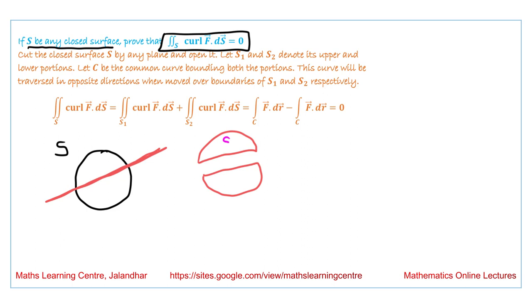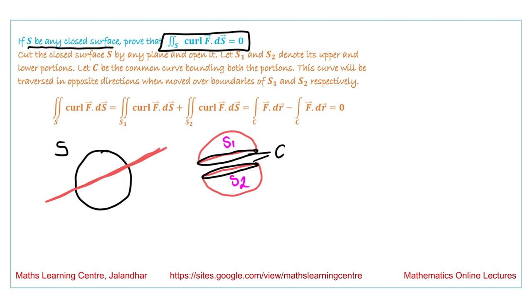We are calling this upper part S1 and this lower part S2, and this curve is common to both these surfaces. We are saying this is the curve C bounding both the portions.